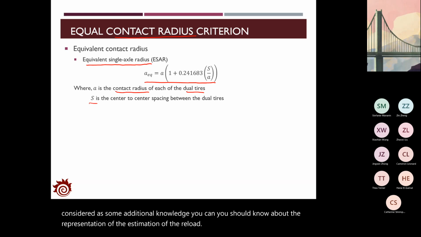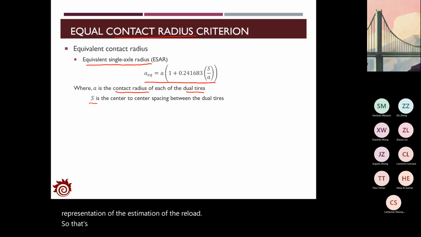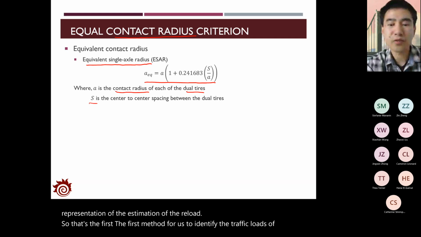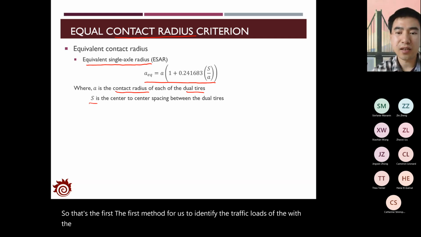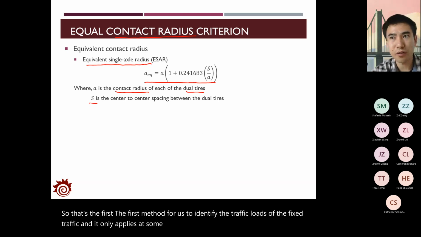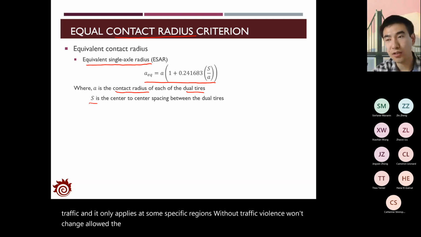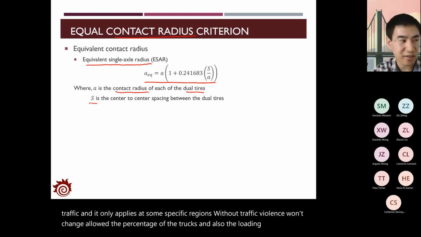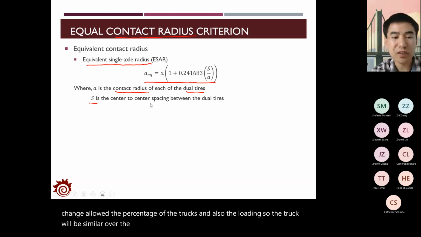So that's the first method for us to identify the traffic load with the fixed traffic, and it only applies at some specific regions where the traffic volumes won't change a lot. The percentage of the trucks and also the loadings of the truck will be similar over the days. But in reality, this is not the common case.